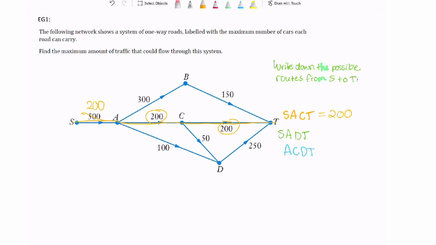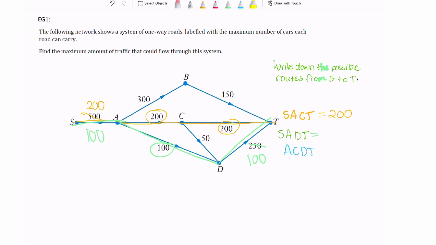Notice on the line from S to A, I could fit, say, 500 litres of water, but I'm only using 200 in that particular pipe. Keep that in mind. If we go now to S-A-D-T, going along this route, again, I'm going to take my smallest number, which would be the 100. So I'm going to use 100 here, and I'm going to use 100.